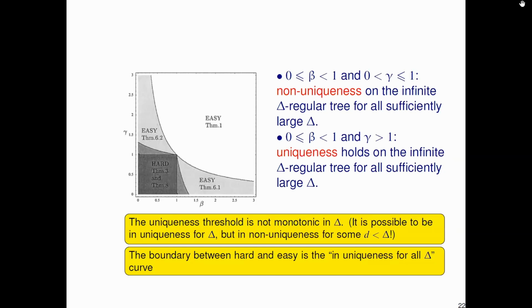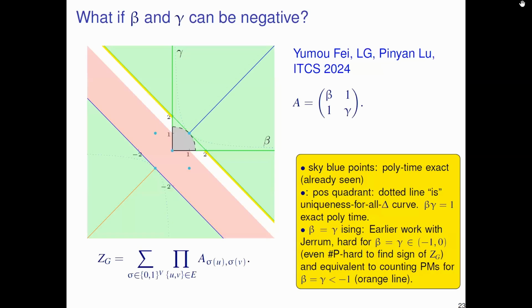Okay, so let's allow negative numbers again. This picture is what we know about approximation in general. This is, again, the beta-gamma plane. And just to give you the punchline in advance, that white strip is actually just open. That's the place where we don't even know whether you can approximate or not.